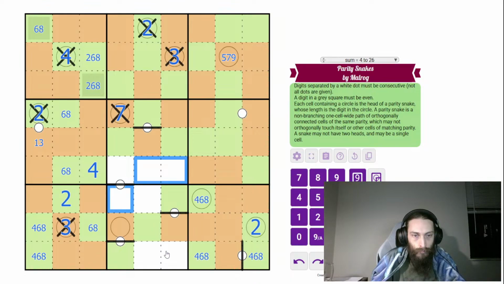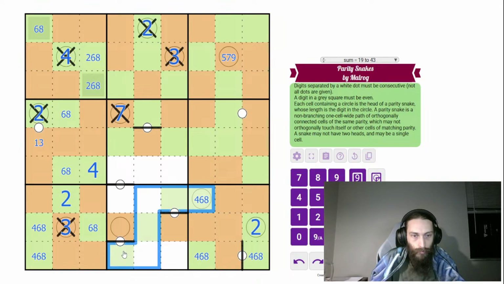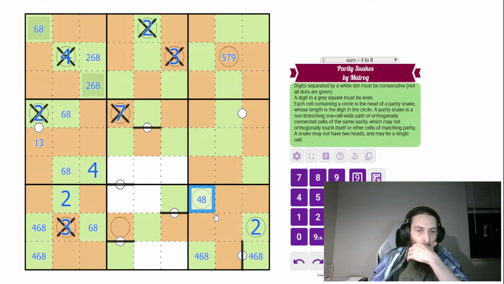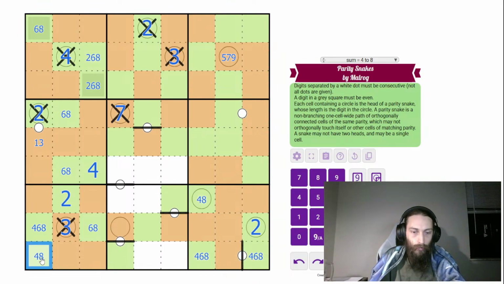Can that be a 6 at all in box 9? 1, 2, 3, 4, 5, 6 would be impossible. Too many evens. If it goes up, that's 8. But 6 has to go on the bottom there.